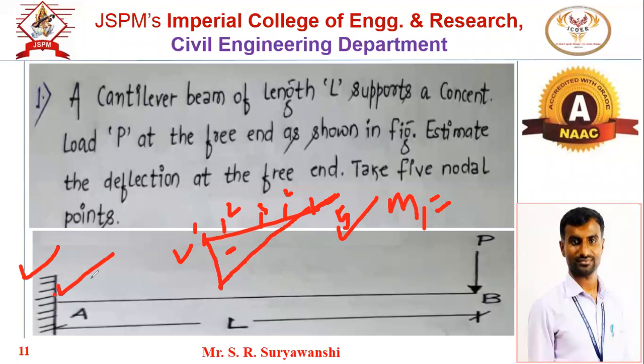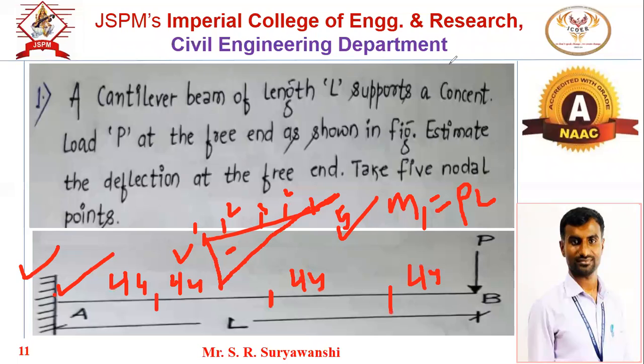What is it? PL. Yes, P into L, force into perpendicular distance. That is the maximum bending moment in this standard case. In the remaining points, second, third and fourth, we have to find the bending moment values. As we know, H is L by 4 here. So that we will discuss.